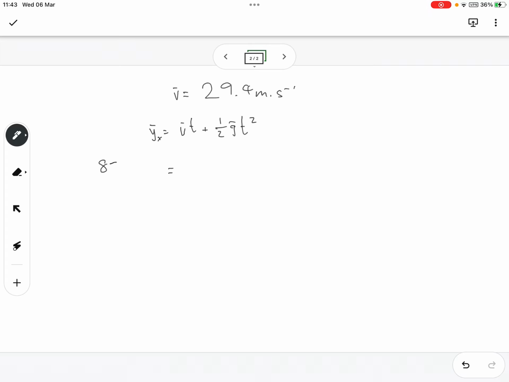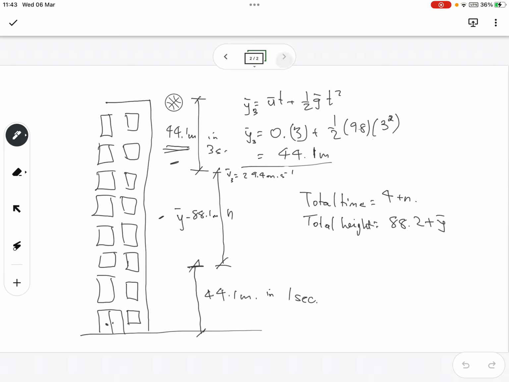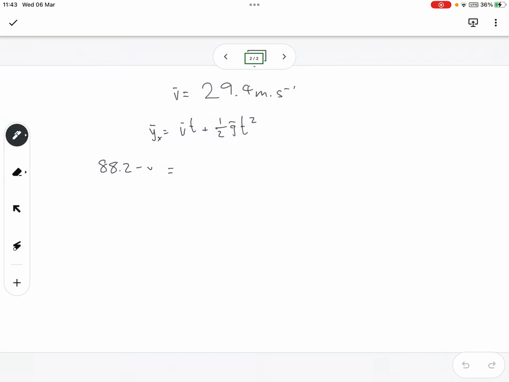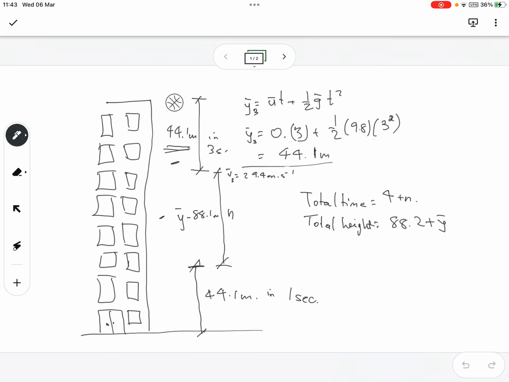We know that this is the 44.1 meters plus this y, and this would be 29.4 times, oh, but we don't know how long the time is. It's n. Oh, it's n seconds long. It's the 4 plus n.